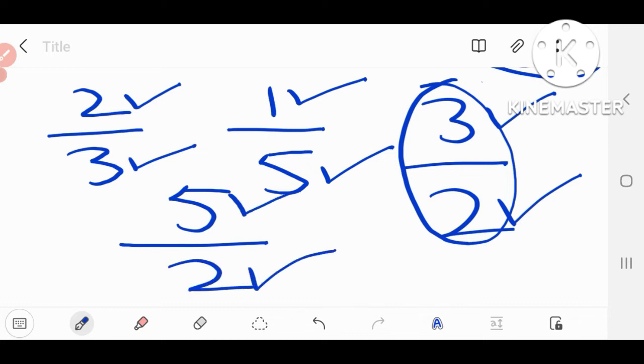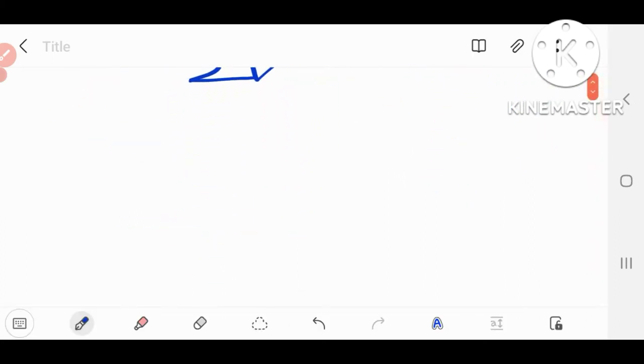Since the numerator is greater than the denominator, the answer is an improper fraction. While finding an improper fraction, the numerator should be larger than the denominator.